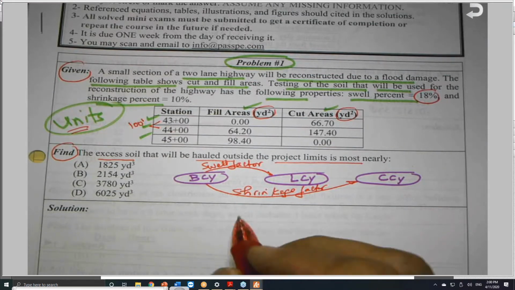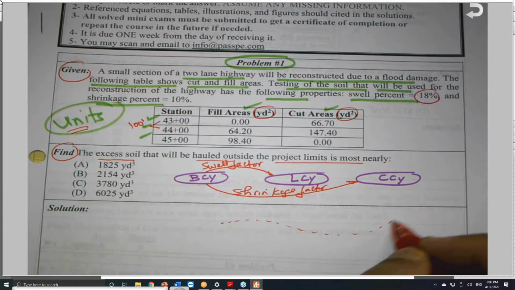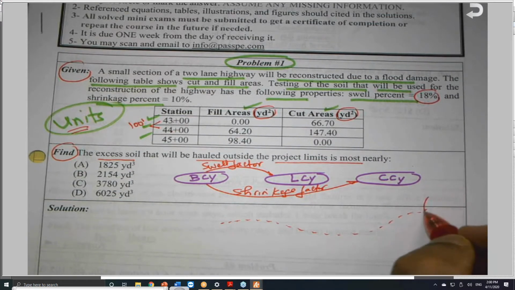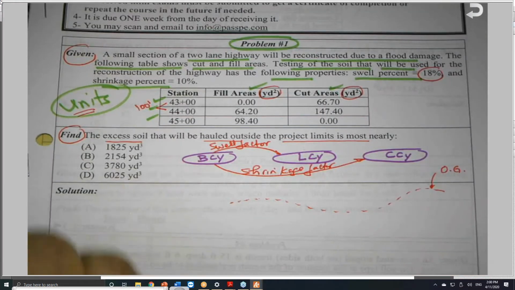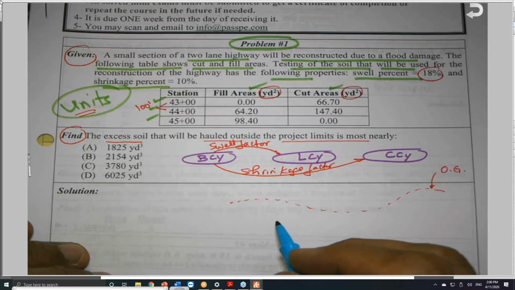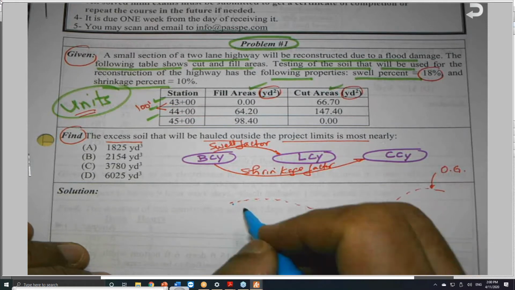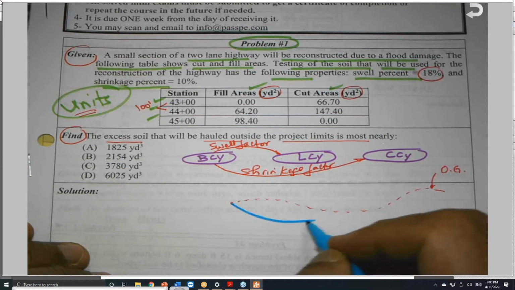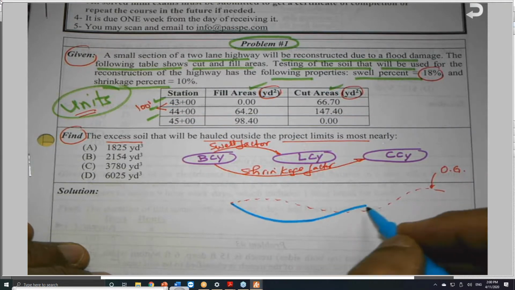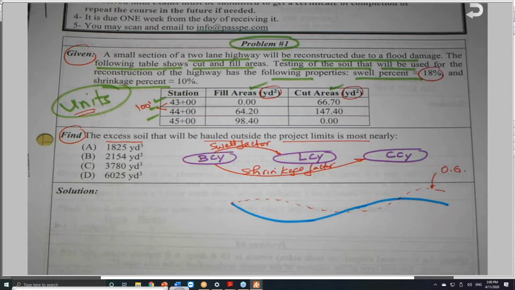Any project, if this is the OG, the original ground, and we have our profile grade, something like that.